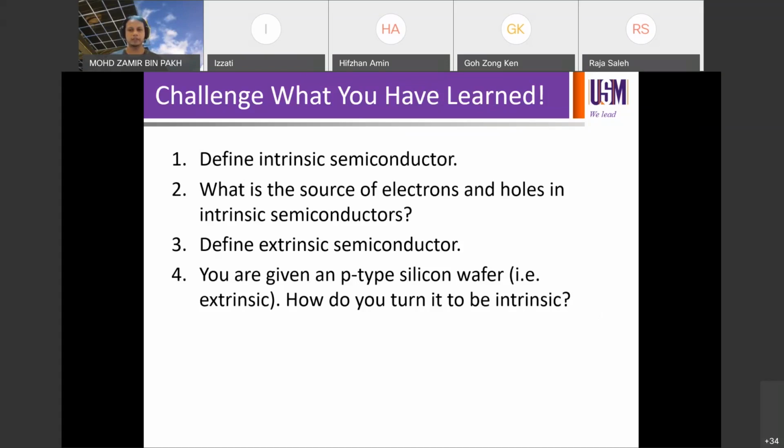Third region, right? Yes, Nurahan, third region. Remember, the first region is the freeze-out, where you have a positive gradient. Then the central region will be the extrinsic region, where you ionize the dopants in the lattice to make sure that the density of n or p is equal to ND or NA as intended, where you achieve 100% ionization.